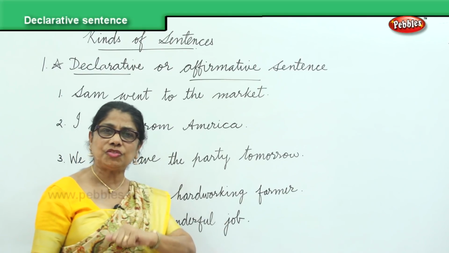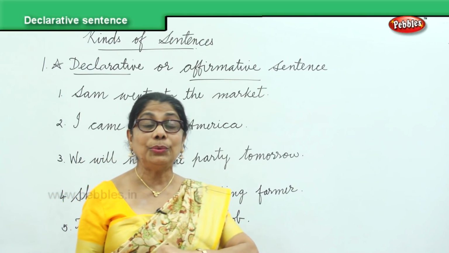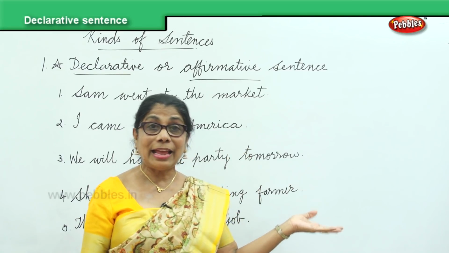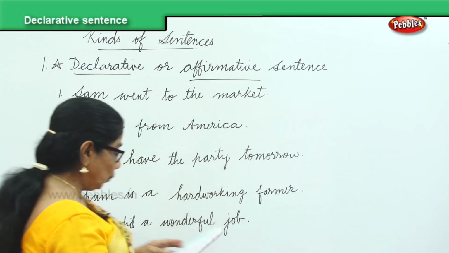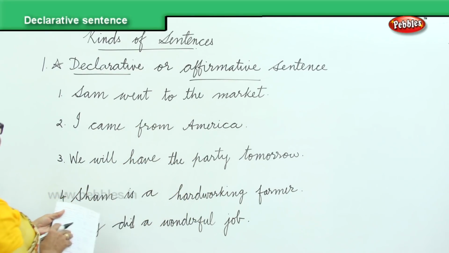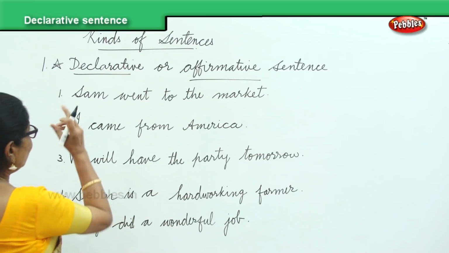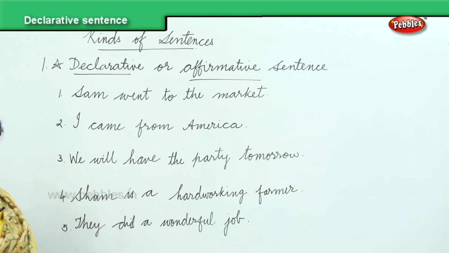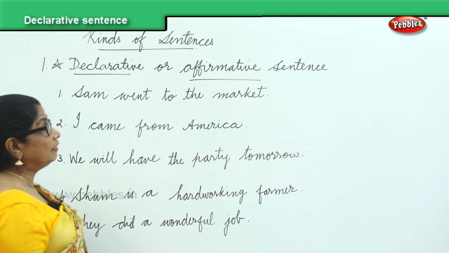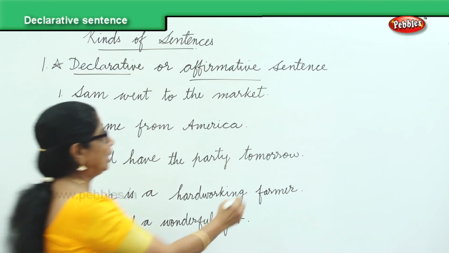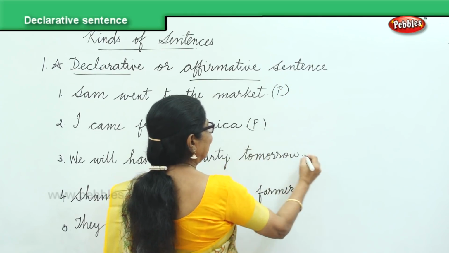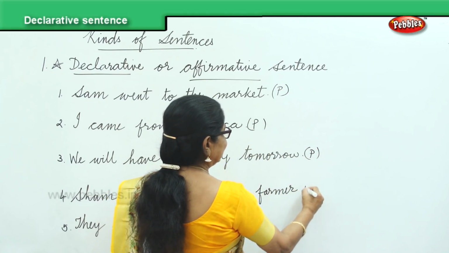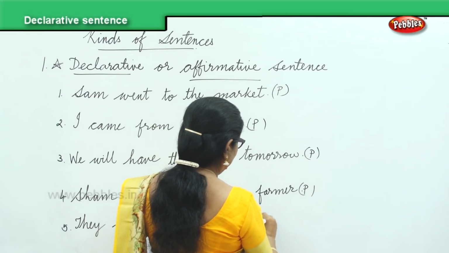Now we can change these into declarative, affirmative, negative sentences. All we need to do is, Sam went to the market. I am going to change it into declarative or affirmative, negative sentence. So we have all this as positive, declarative, affirmative sentence, all positive.